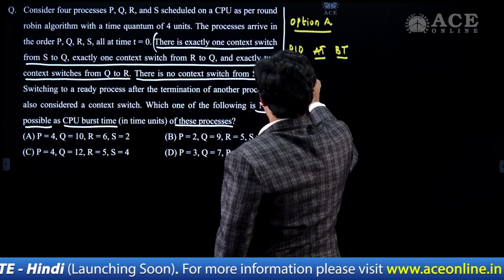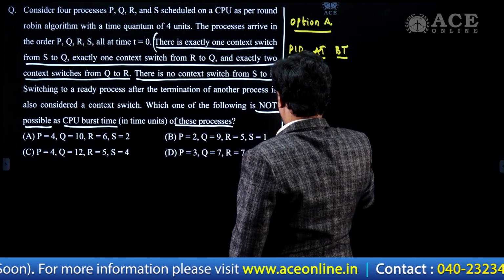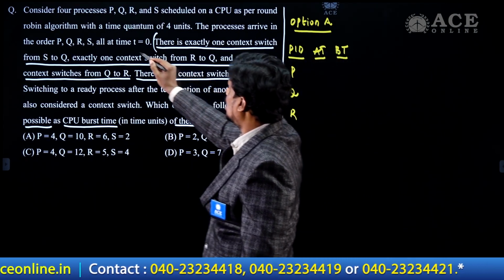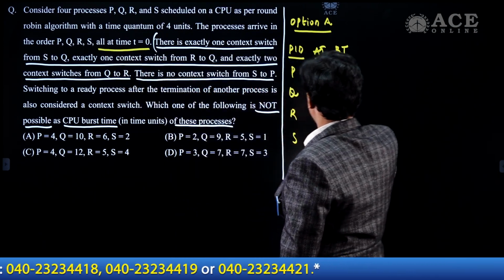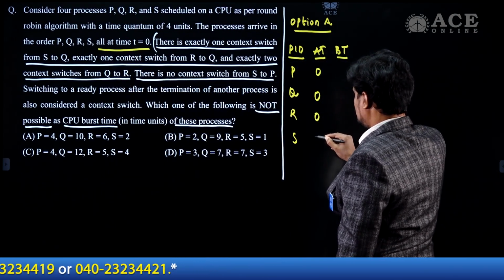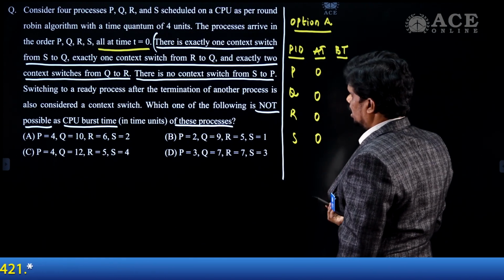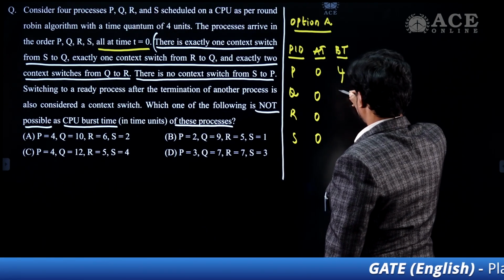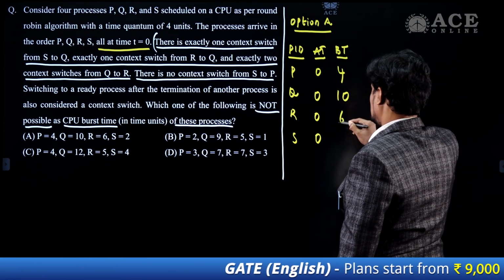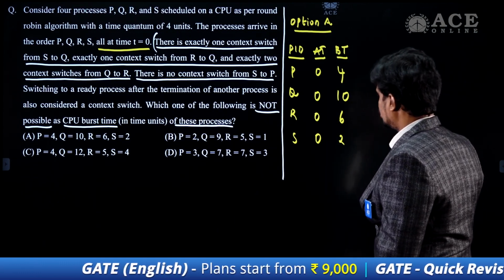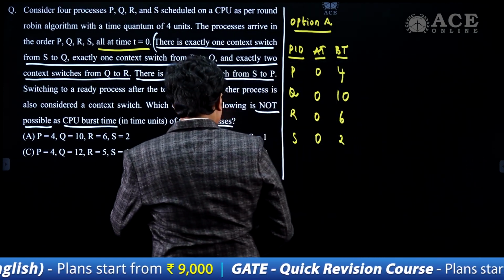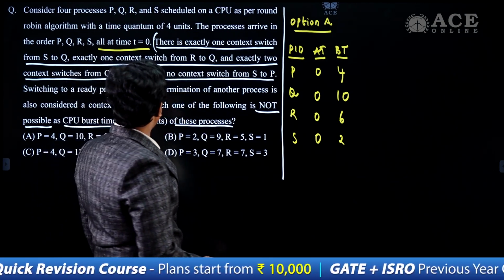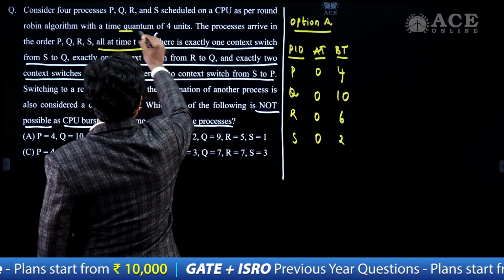Process IDs are P, Q, R and S. Arrival time is clearly mentioned: all arrive at time 0, in the same order P, Q, R, S. And the burst time, according to the option, is P 4, Q 10, R 6 and S 2. Then we apply the round robin scheduling algorithm on this system, and it is clearly mentioned that the time quantum is 4.